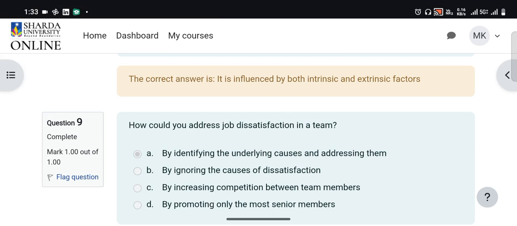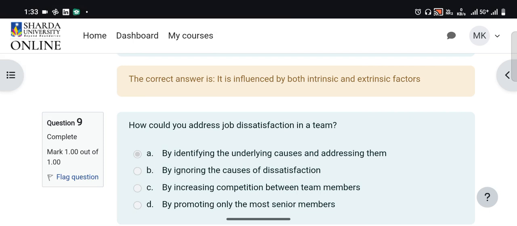Question number 9. How could you address job dissatisfaction in the team? Option A. By identifying the underlying causes and addressing them. Option B. By ignoring the causes of dissatisfaction.